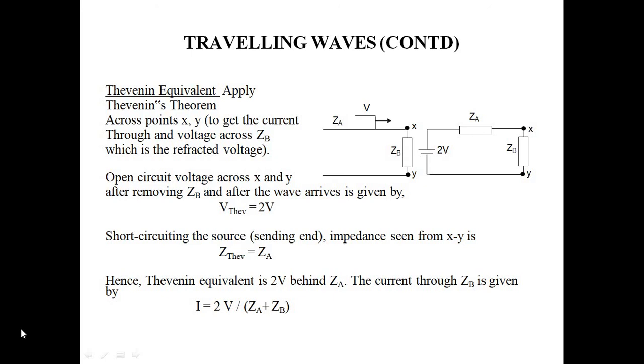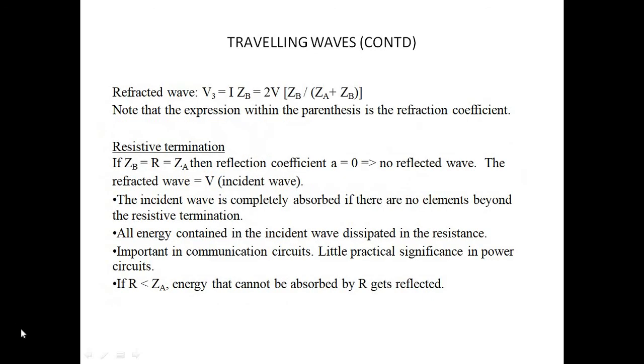The impedance seen from x and y, Z Thevenin, is equal to ZA. Hence Thevenin's equivalent is 2V behind ZA. The current through ZB is given by I is equal to 2V divided by (ZA plus ZB). The refracted wave V3 is equal to I into ZB, which is equal to 2V into ZB divided by (ZA plus ZB).